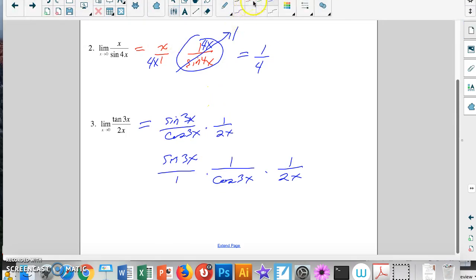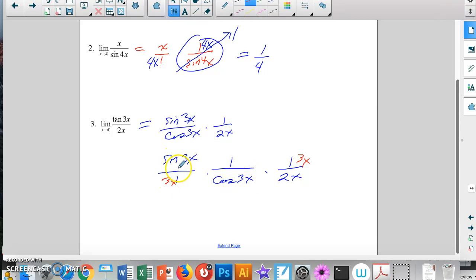All right, so then what we've got is this one needs to be fixed, so it needs a 3x on the bottom. If I give a 3x on the bottom, I've got to give a 3x on the top. And 0 into cosine isn't a problem, because the cosine of 0 is 1. So I don't need to do anything to this.